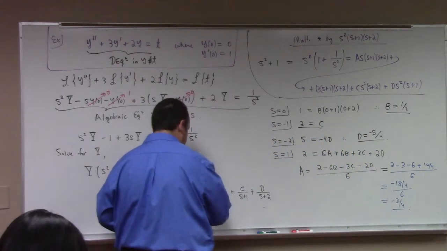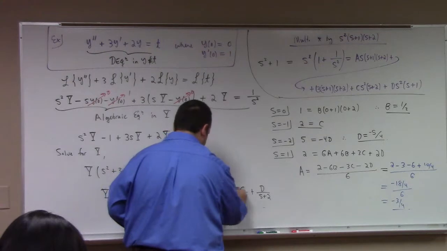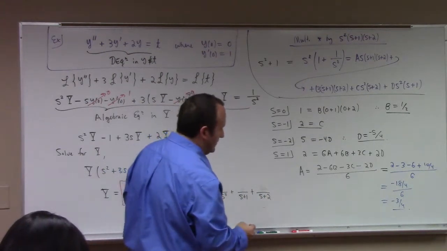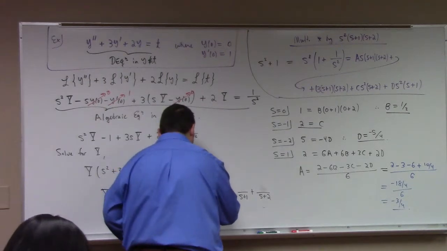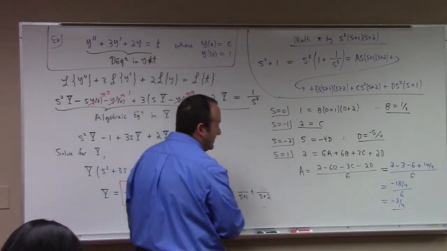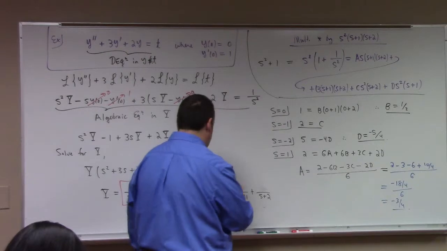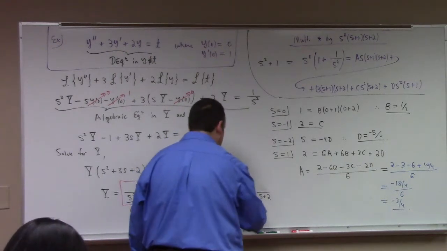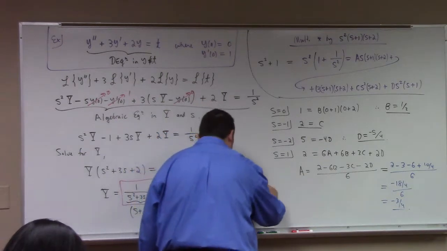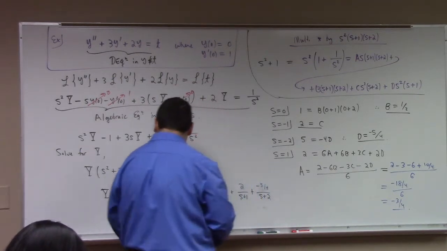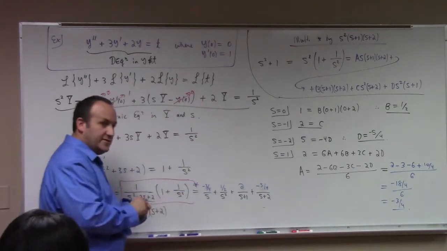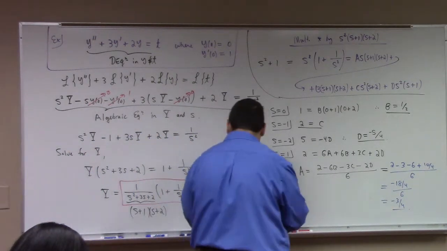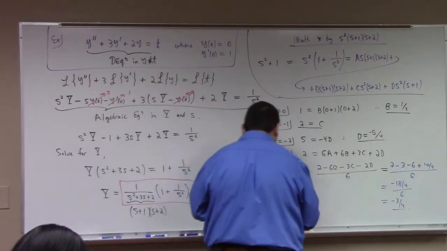Let me go back to my A, B, C, D, because I'm almost out of time here. What was A? Up to an arithmetic mistake, minus 3/4. B, I think we got right, was 1/2. C was 2. D was minus 5/4. So that's my Y. The answer is obtained by inverse Laplace transforms, which is a piece of cake now that we've done the partial fractions.